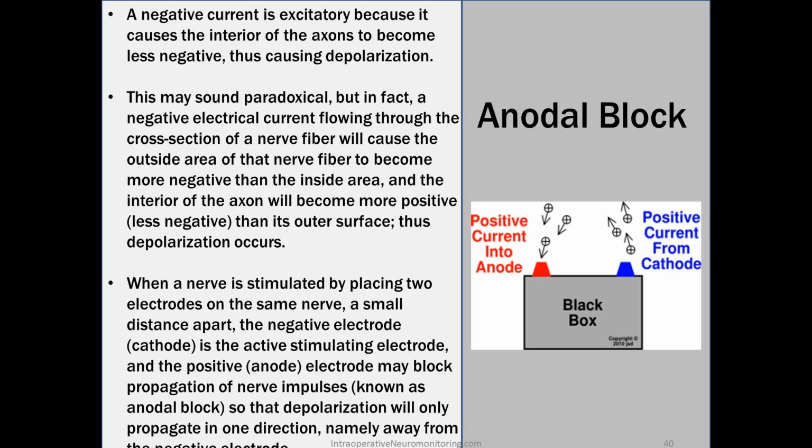That is called anodal blocking. If we accidentally reverse those two electrodes, then we have our anode more proximal, blocking the distal cathodal information trying to go centrally. We could end up with a lower response.